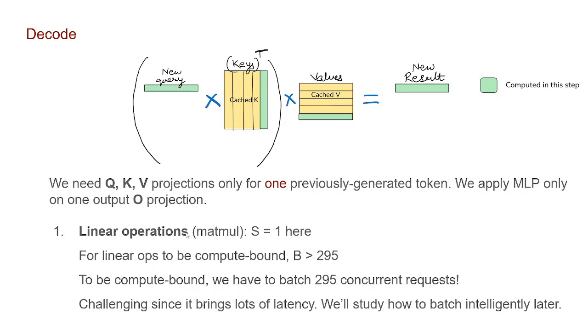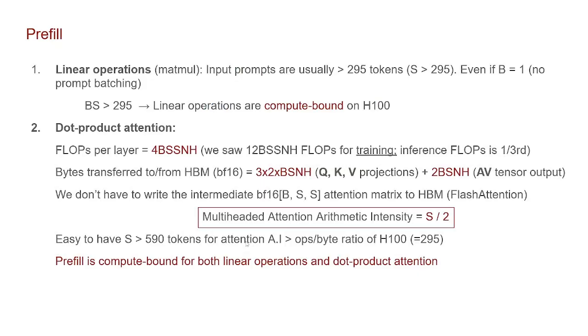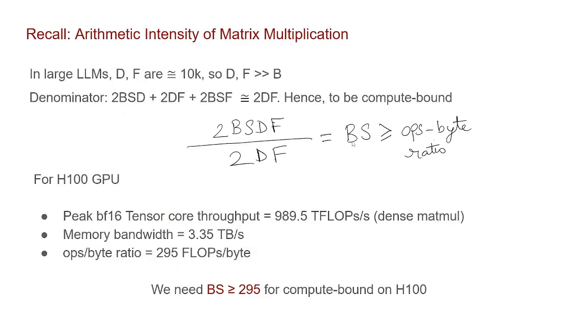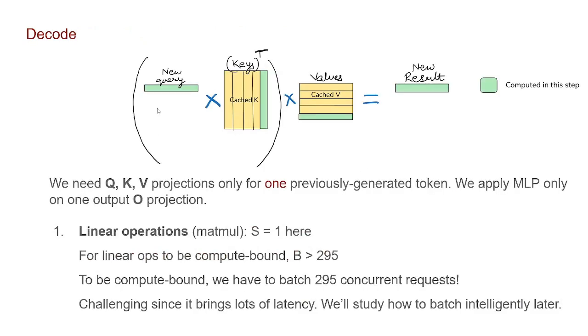So for the linear operators, let's look here. We wanted B S to be greater than the ops byte ratio to make the linear operator compute bound on the GPU. During the decode stage, whatever matrix multiplications we're doing, S is 1 for each sample in the batch, because we are only getting the query, key and value for the last generated token.